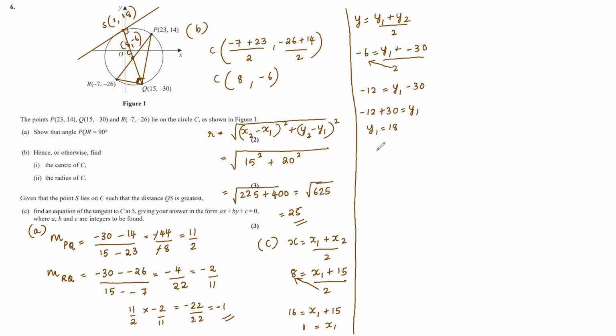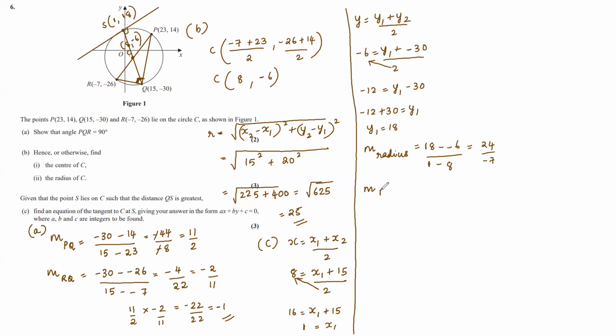So let's find out the gradient for the radius. So for the radius, that is y2 minus y1. So let's take 18 as y2 minus y1 is minus 6 divided by x2 minus x1, that is 1 minus 8. This will give us 24 over negative 7.